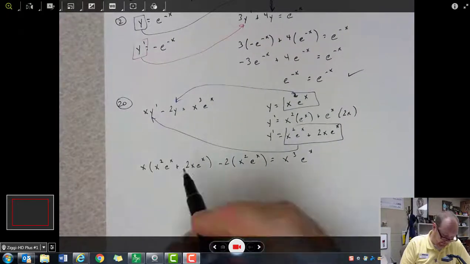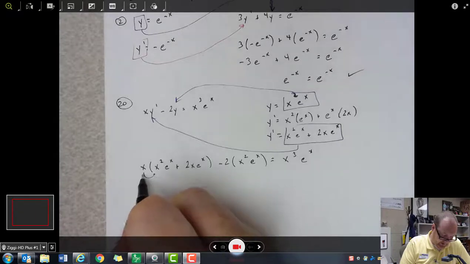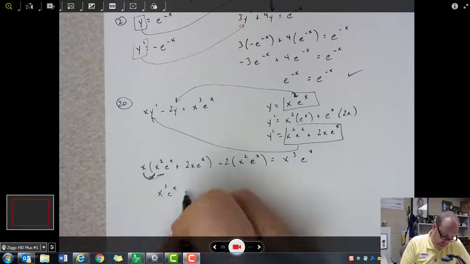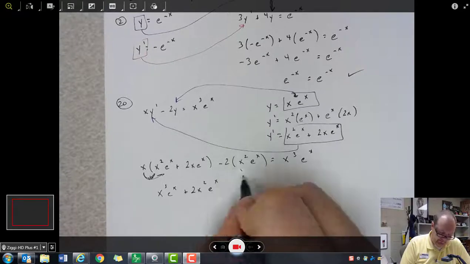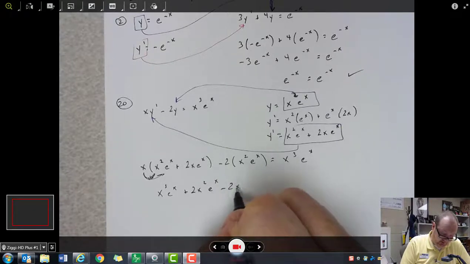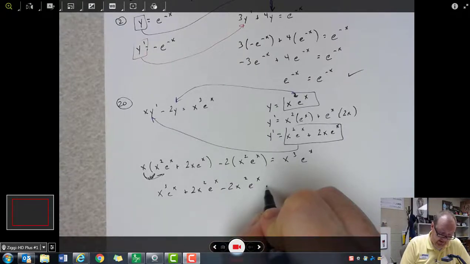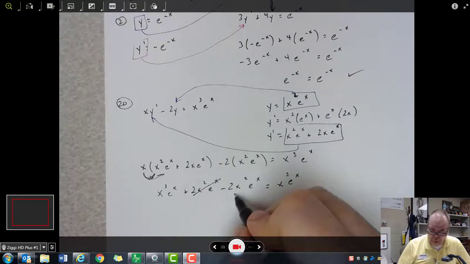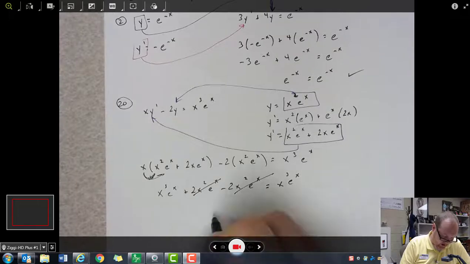So let's multiply that out. So I get x cubed e to the x, so I'm feeling good about that, plus a 2x squared e to the x. And then in the second set of multiplication, a negative 2x squared e to the x. So again, I think that's going to be a solution. Those things add away.